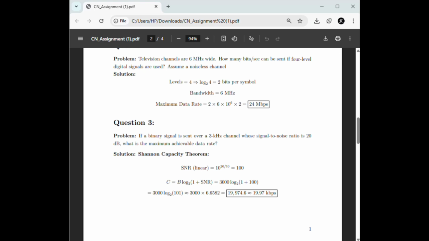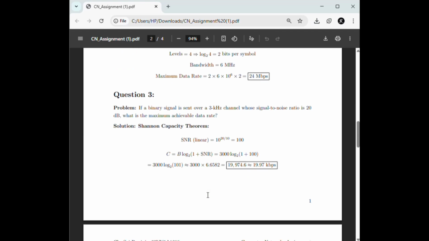The third question: if a binary signal is sent over a 3 kilohertz channel whose signal to noise ratio is 20 decibels, what is the maximum achievable data rate? According to the Shannon capacity theorem, the signal to noise ratio should not be in decibels. It should be converted with the formula 10 to the power of decibel by 10.